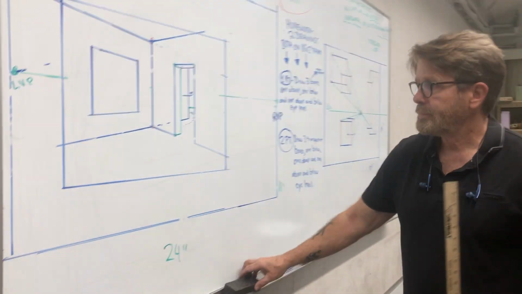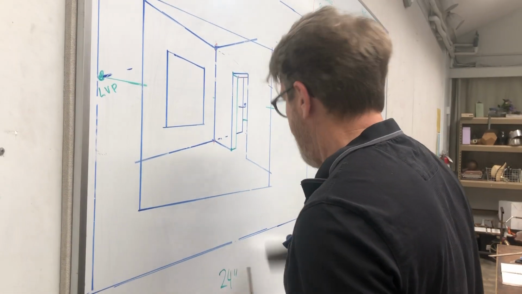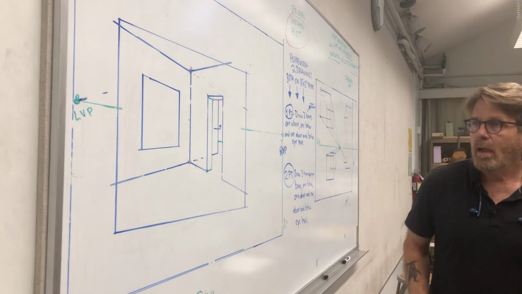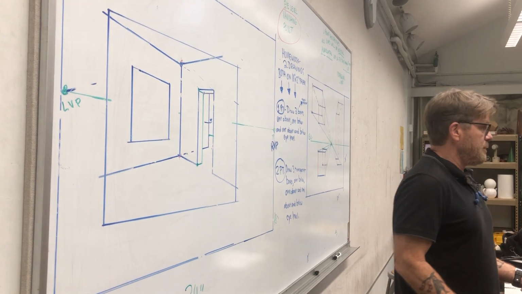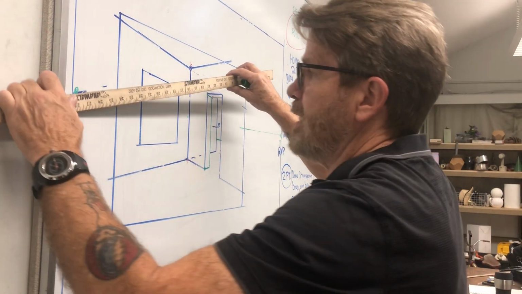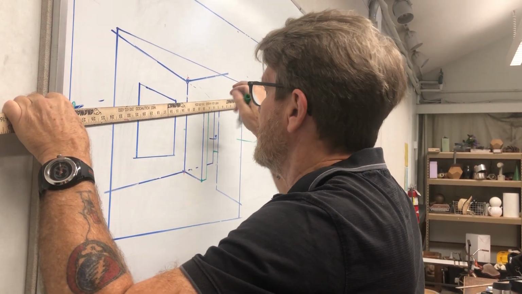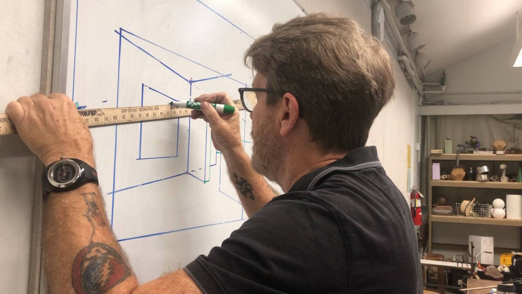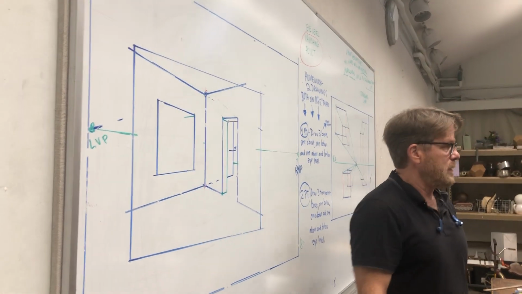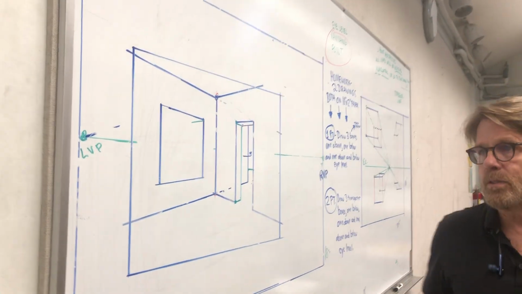Okay. Let's get back to our window that needs depth. So it's deciding which vanishing point to go to, and I have to utilize both. So my left vanishing point, I'm going to come up here to this corner. Exactly. And I drew that line going to my left vanishing point. I'll do the same thing at the bottom of the window.